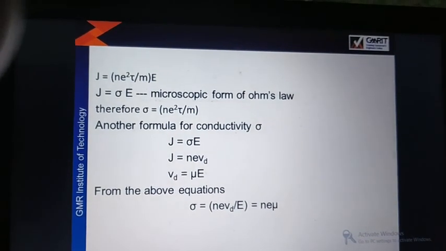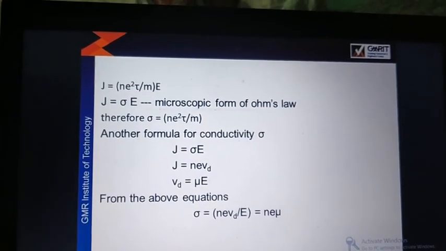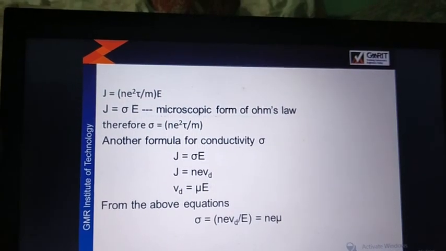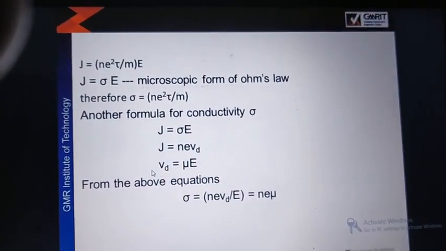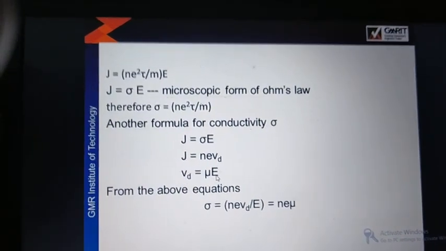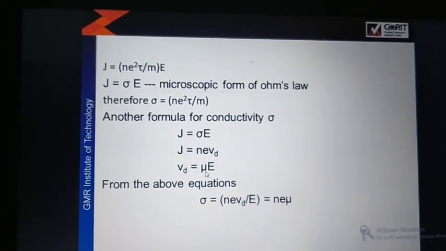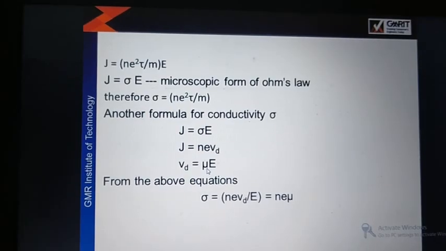Mobility is the ability of the electron to freely move in the metal. So whenever the drift velocity is proportional to electric field, the proportionality constant mu in Vd is equal to mu E is called the mobility.